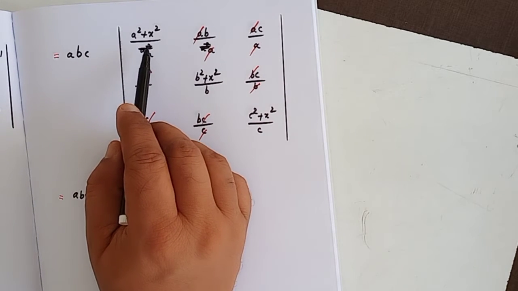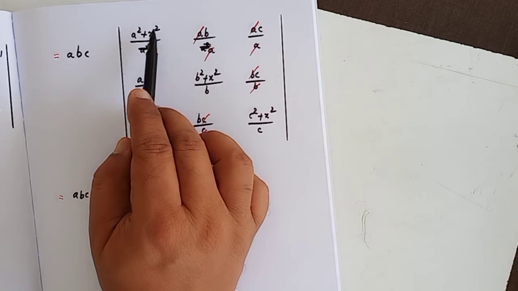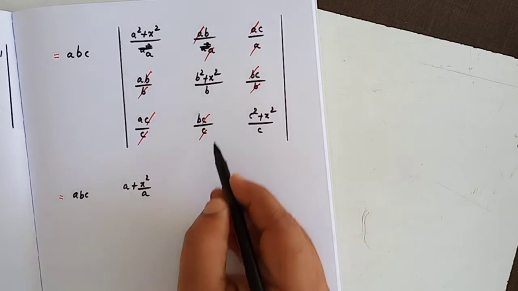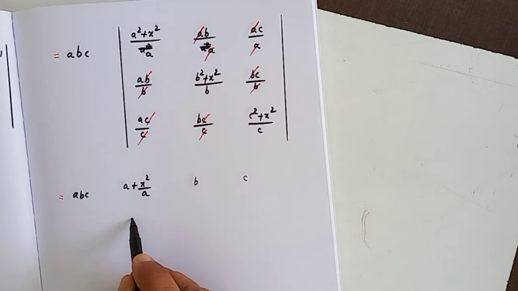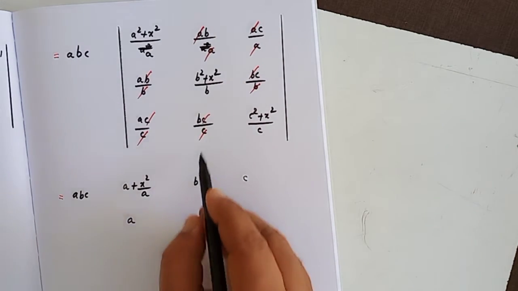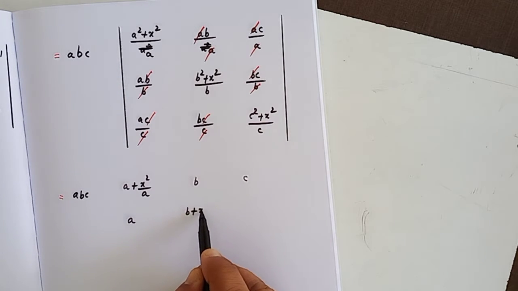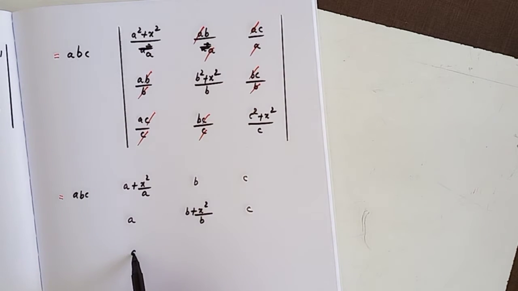This one can be separated as A squared by A plus x squared by A. A squared by A, that is A, plus x squared by A. Here B only left out. Here C. Here A. Here B squared by B plus x squared by B. B squared by B, that is B, plus x squared by B. And C here. A here. Here B only. C squared by C, that is C, plus x squared by C.